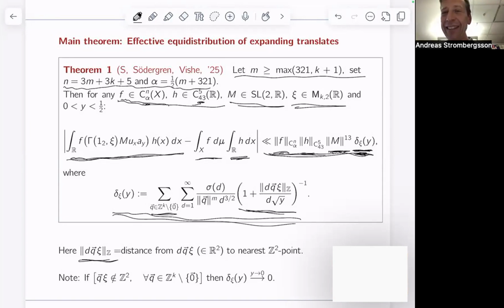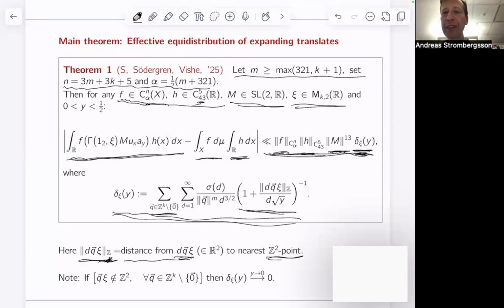D times q times psi is a real two-dimensional vector. So it's a point in R2. And this norm, I shouldn't call it norm, this norm with a z here, stands for the distance of this point in R2 to the nearest integer point.